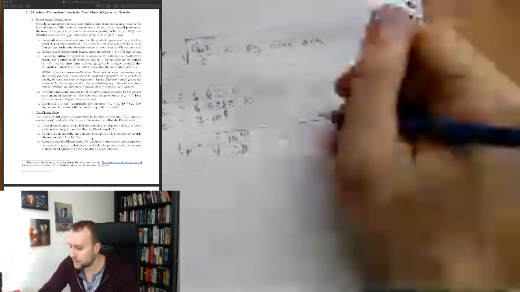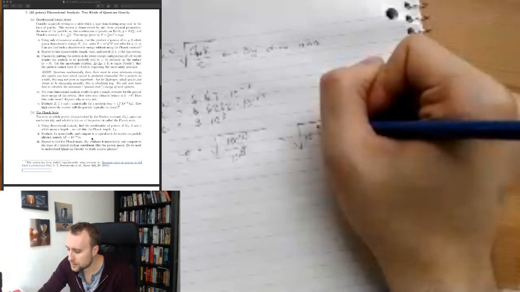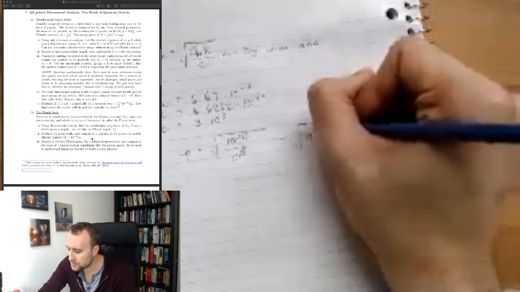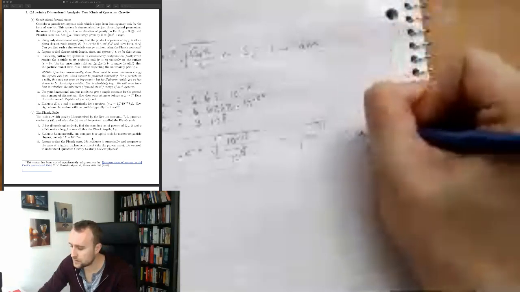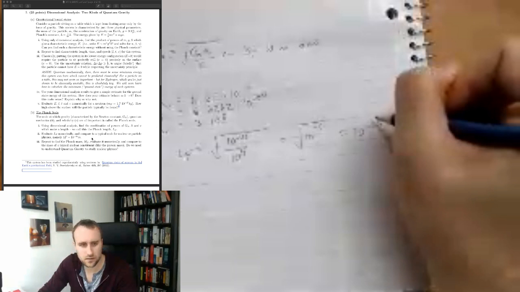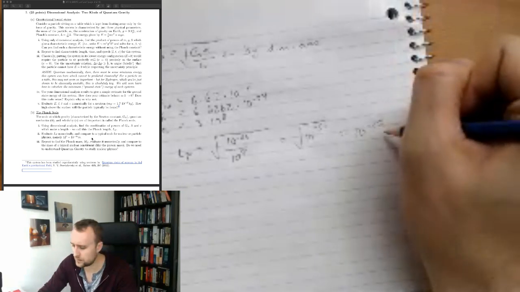So this is approximately the root of 10 to the negative 51, either 51 or 52, which is equal to 10 to the negative 25. I think that's about right, 10 to the negative 25.